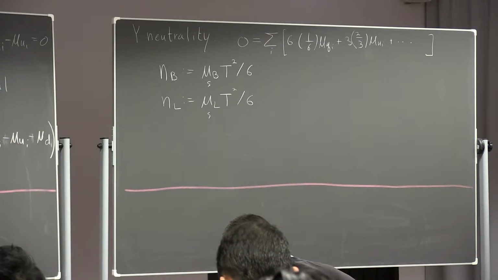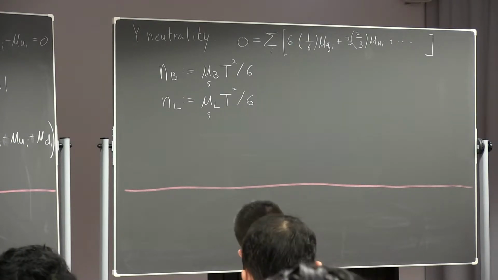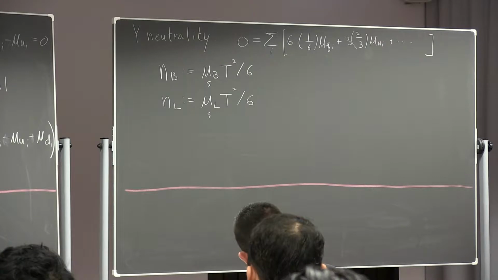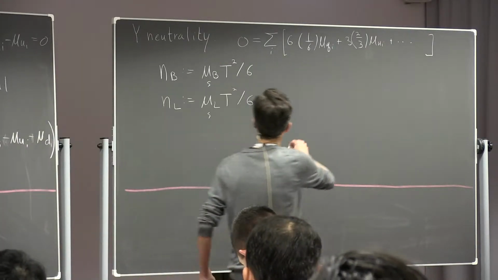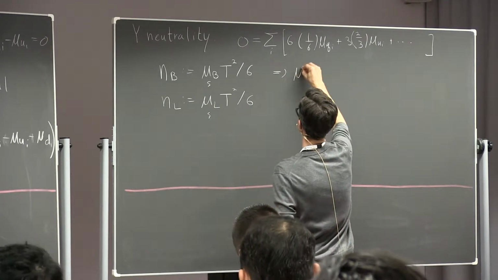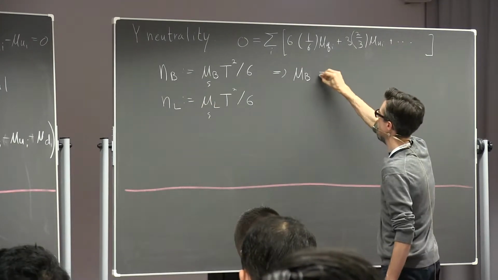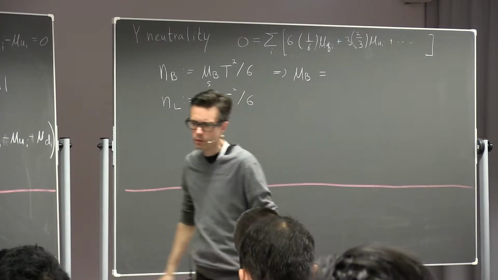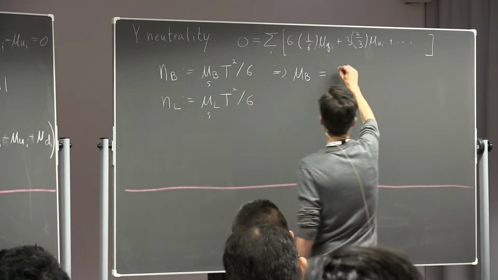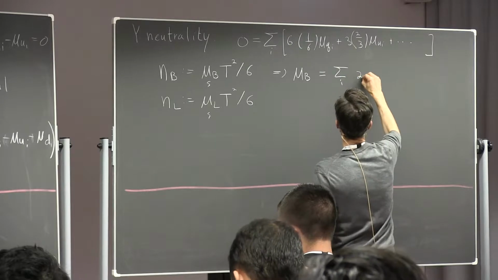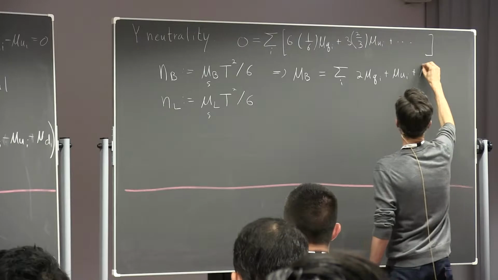So in terms of these baryon and lepton number chemical potentials, solving for the whole system, actually, sorry, before I solve for the system, let me solve for the chemical potentials. It turns out that this definition, if I add up all the contributions to the baryon number density, implies that the baryon chemical potential is the sum on i of mu qi plus mu ui plus mu di.